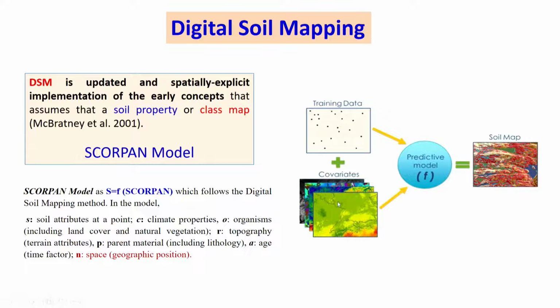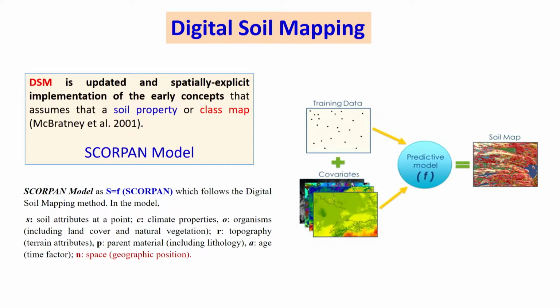Covariates means different maps. For example, from the digital elevation model we can generate different terrain attributes: slope, aspect, curvature. We can take the satellite data and generate various spectral indices, for example NDVI and soil brightness index.